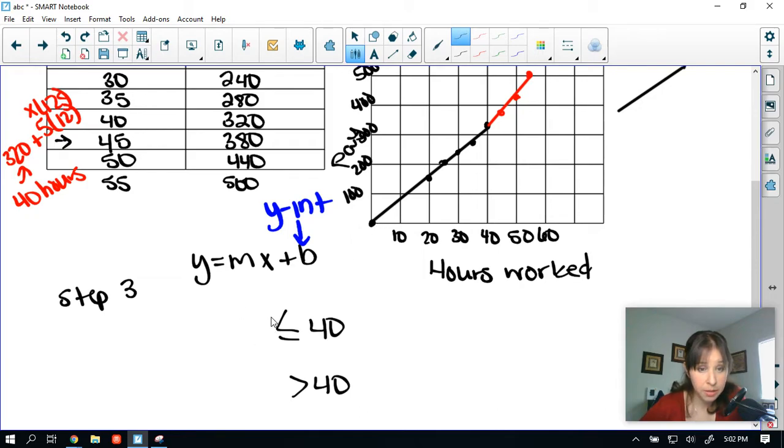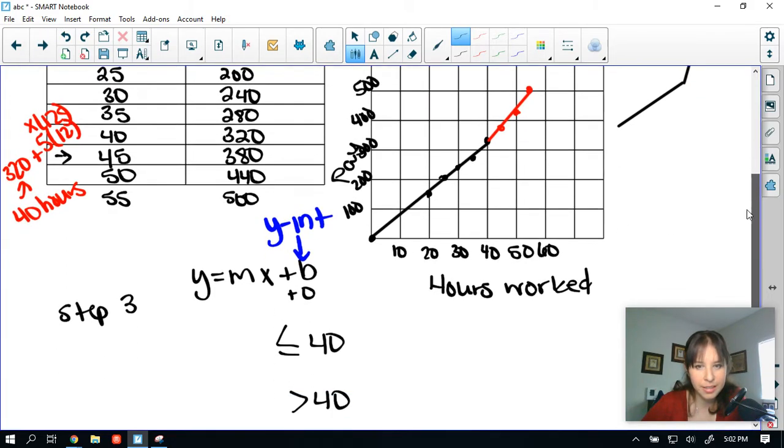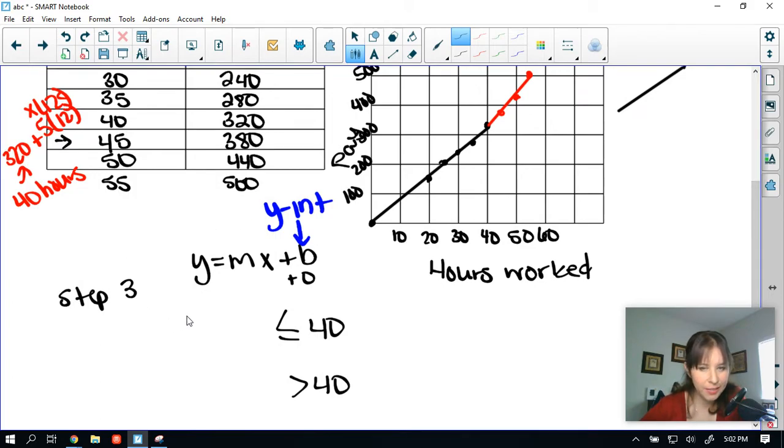So our y-intercept is 0, so we are adding 0. Our slope in this case is going to be 8, because if I did rise over run, this run is 20 and this rise is 160, and 160 divided by 20 would be 8. So we're looking at 8x here.